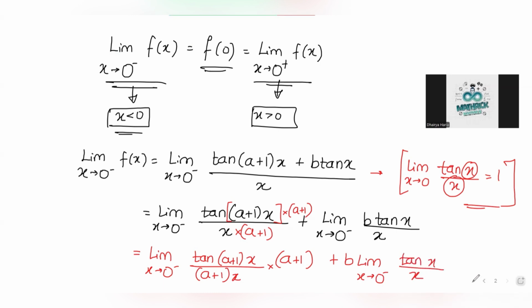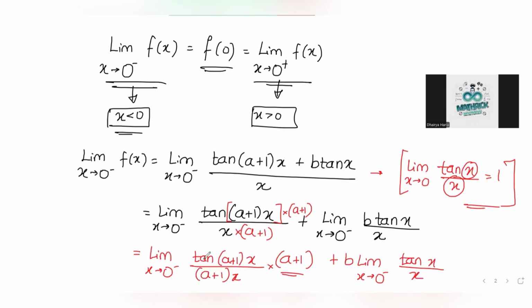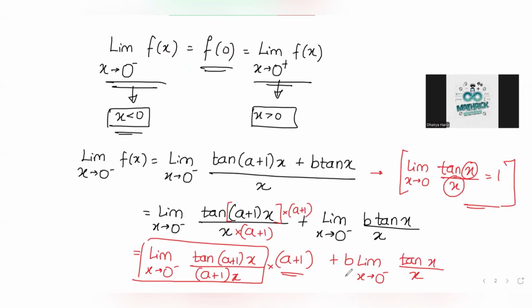So I get a plus 1 out, and the limit of this entire thing becomes 1, so you get 1. Plus b, and the limit of tan x over x is also 1. So you get a plus 1 plus b. So the limit as x tends to 0 minus of f of x is a plus 1 plus b.